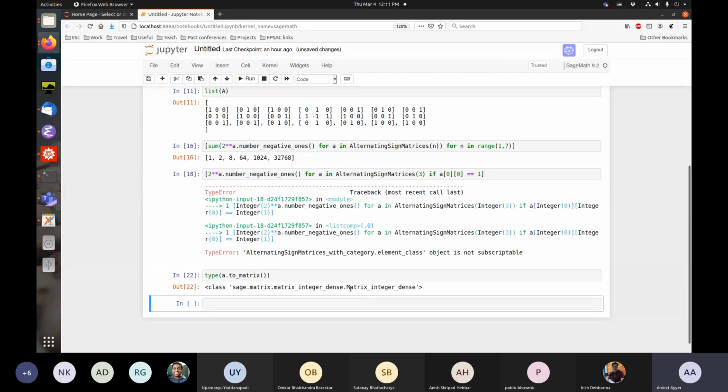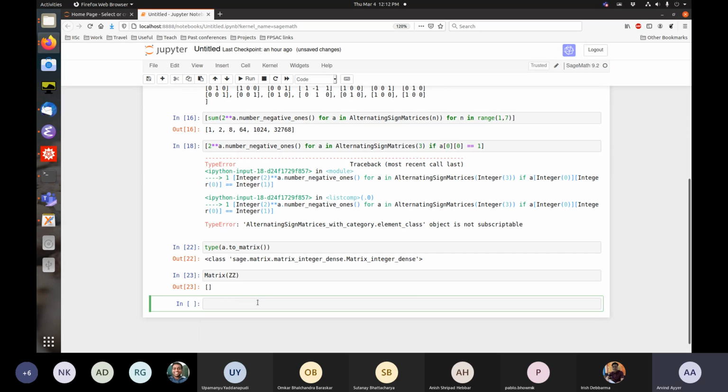So it will treat this as an element of matrix over Z, I mean with integer coefficients. Okay, so that's done.